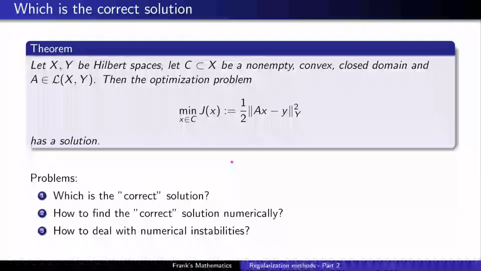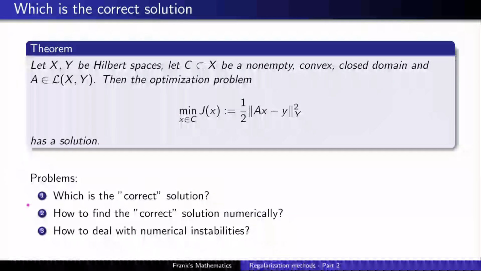The question now which pops up is, which is the correct solution? And how to find this correct solution? And number 3 is, how do we deal with numerical instabilities? Let's talk a little bit about problem 1 and 2. I'm not a physicist, I'm a mathematician.